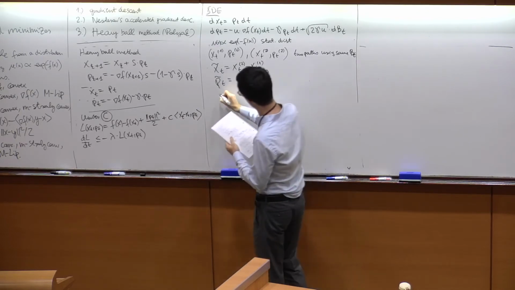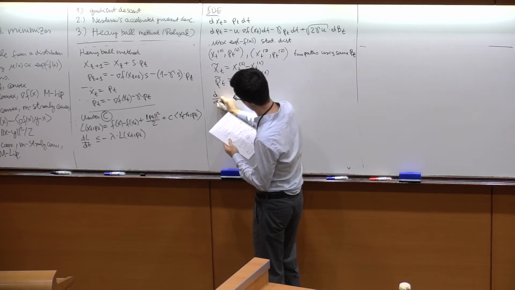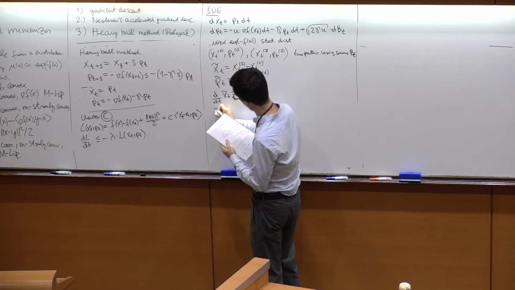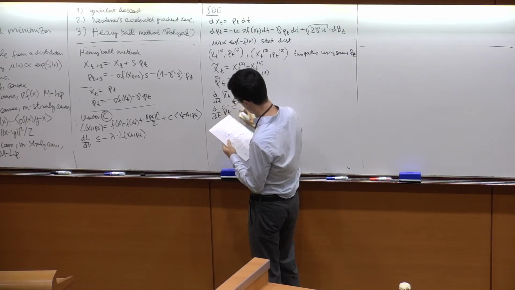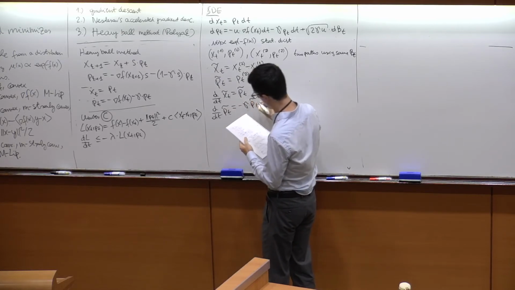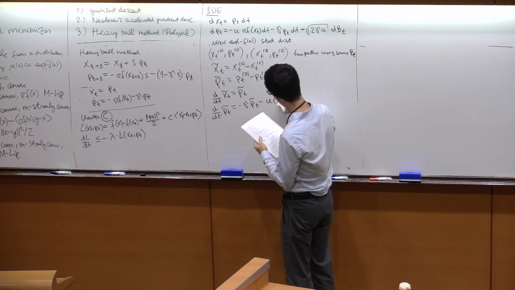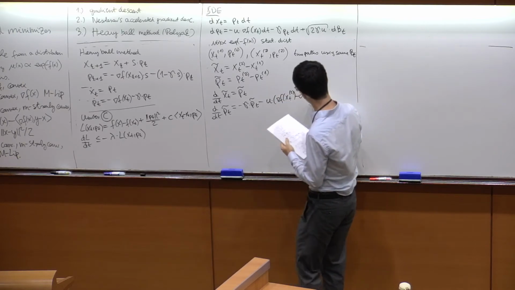And then you can show that these satisfy the equations that d over dt x_t tilde equals p_t tilde, and d over dt p_t tilde equals minus gamma times p_t tilde minus u times the gradient of f at x_t^2 minus the gradient of f at x_t^1.